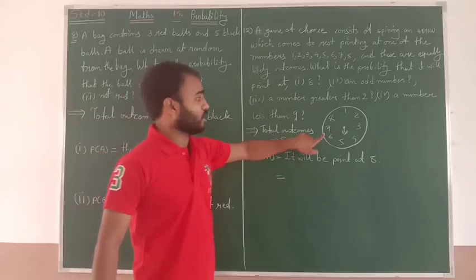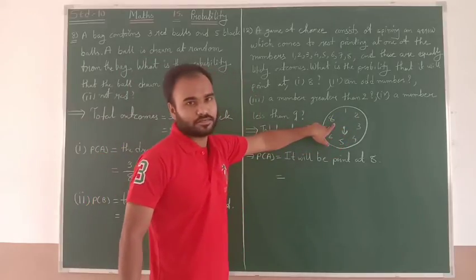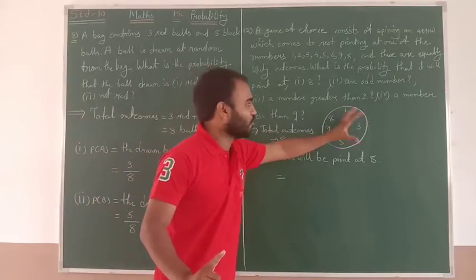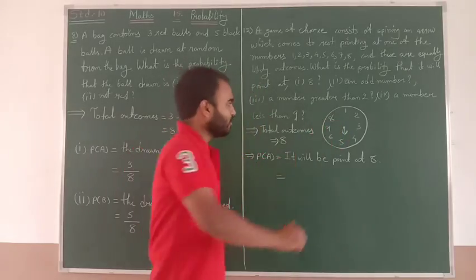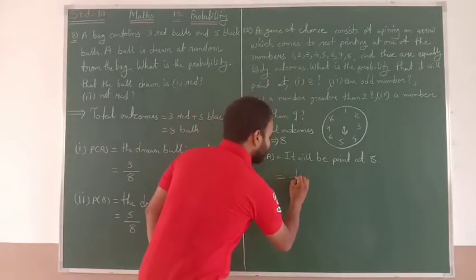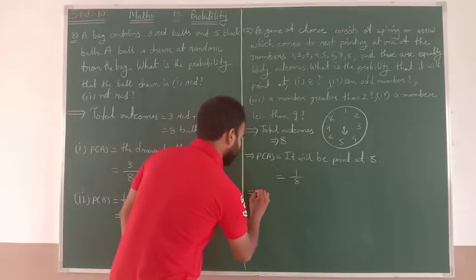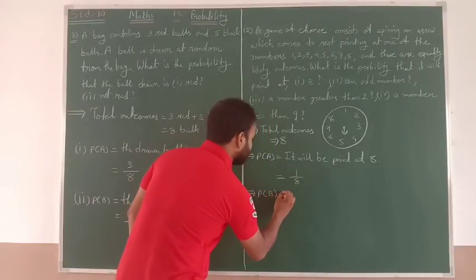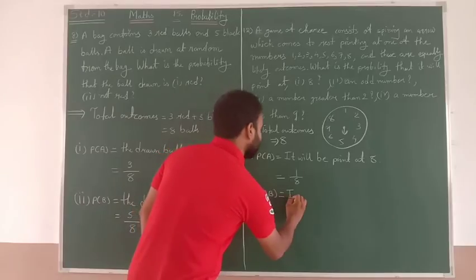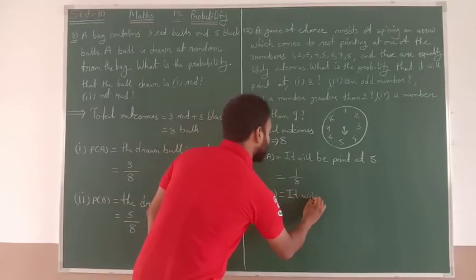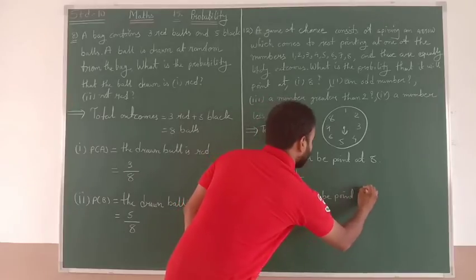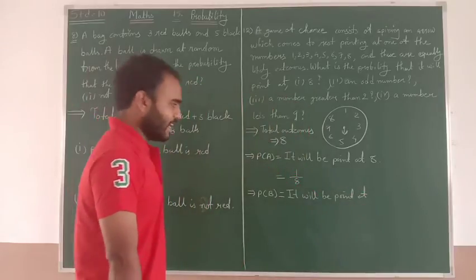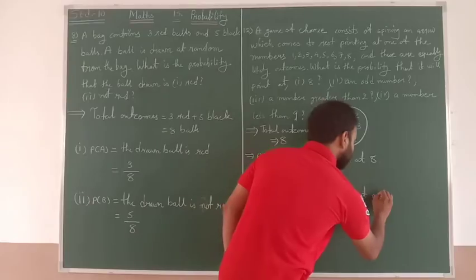Now, pointing at 8: how many times is 8 given? Only 1 time. So when the wheel stops, how many times will 8 come? It will come only once. So the answer will be 1 by 8. Now the probability of event B, that it will point at an odd number.